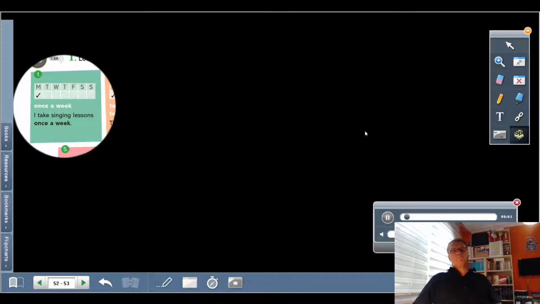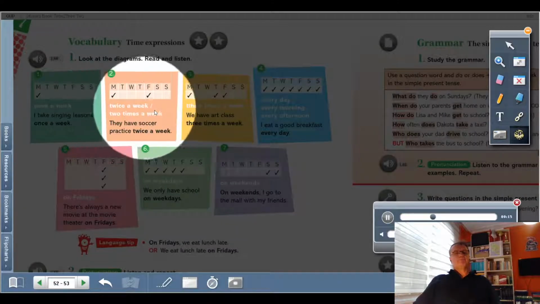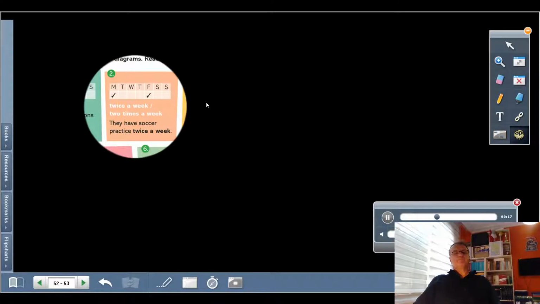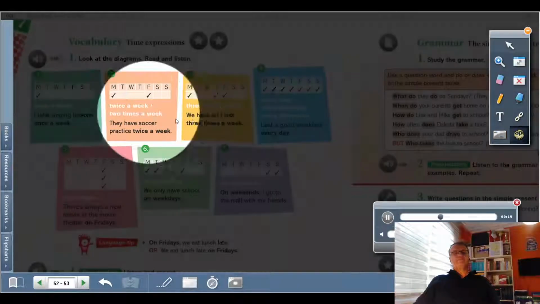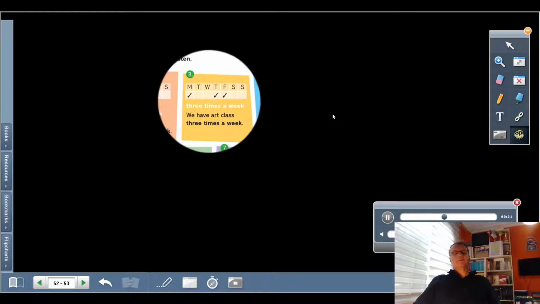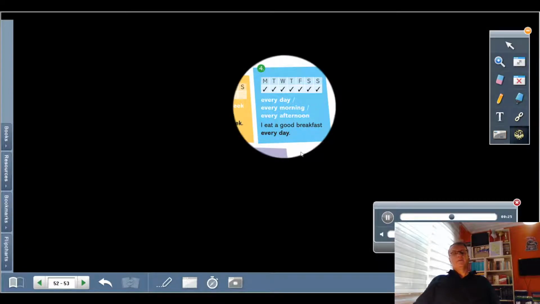Unit 7, page 52. Vocabulary. Exercise 1. Look at the diagrams. Read and listen. 1, Once a week. 2, Twice a week. 2 times a week. 3, 3 times a week. 4, Every day.